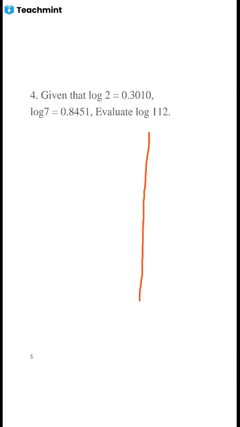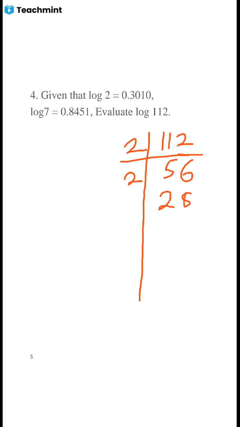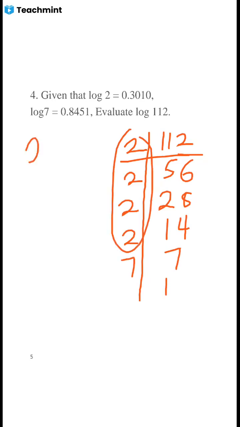I have to break this down to know how many 2s we are going to find there. 2 here, 56. 2 here, 28. 2 here, 14. 2 here, 7. 7 here, 1. Can you see how many 2s we have? We have 2 raised to the power of 4 multiplied by 7. So that's all I need.